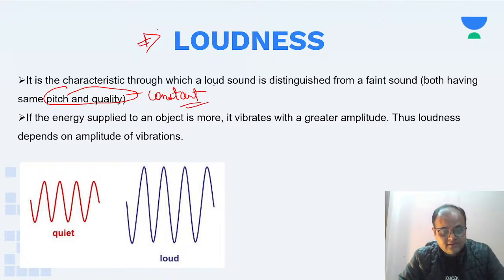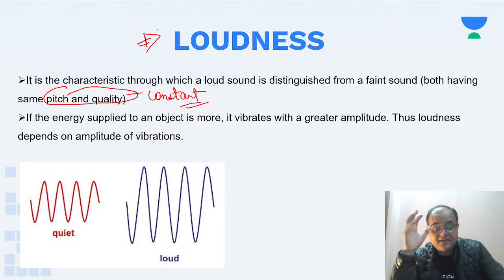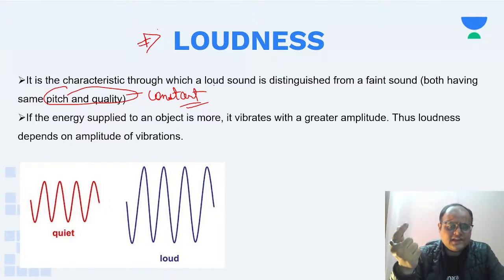And if I'm doing that extra effort, obviously the amplitude will be greater. This is what happens in loudness. In loudness, the force, the efforts have to be increased, and because of those increased efforts, the amplitude is greater. So in loudness, we have greater amplitudes.